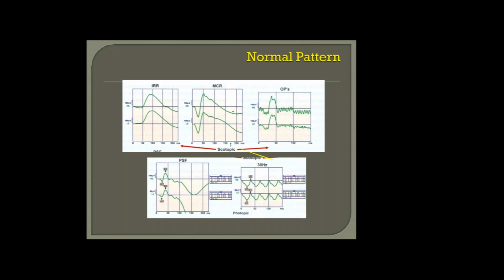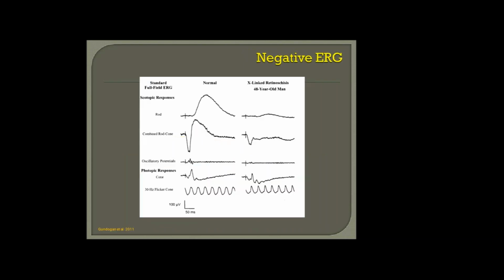This is how a negative ERG looks. A negative ERG is when your B wave is lower than the height of your A wave. In my left-hand column, you see that your B wave is taller than your A wave, but on my right-hand side, where it is written 49-year-old man, you see that the B waveform is not as high as the A wave, and overall it is lower than the A wave.